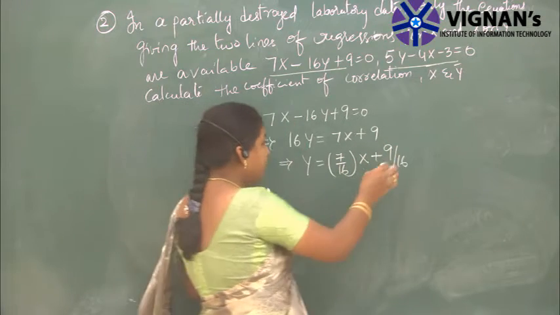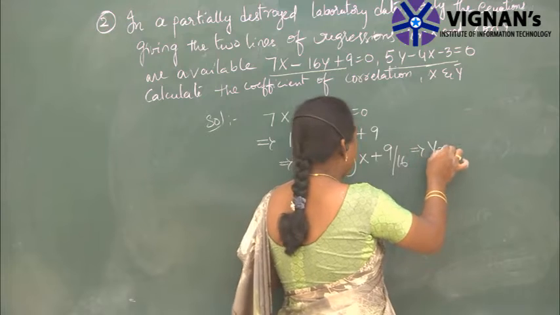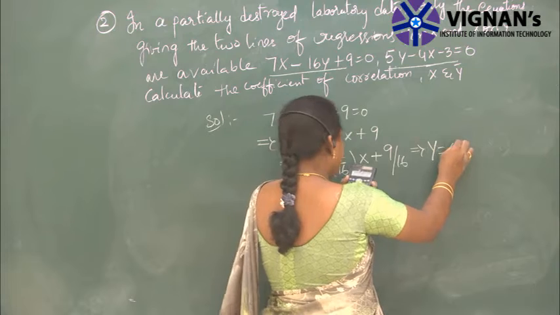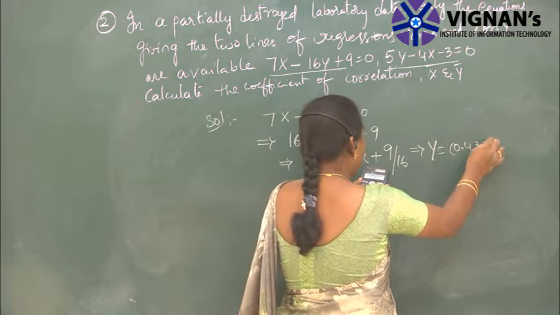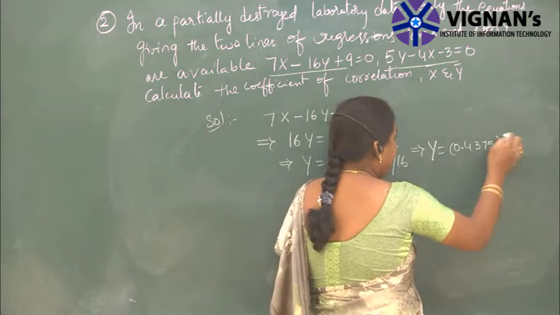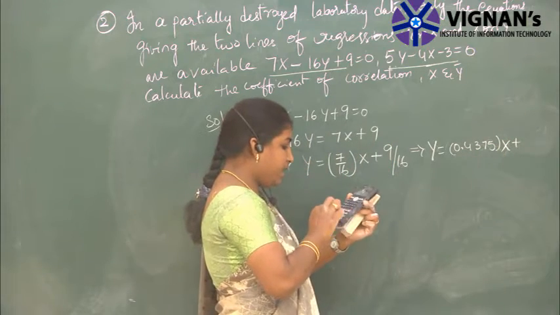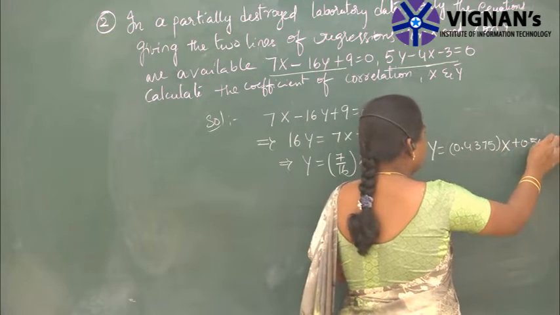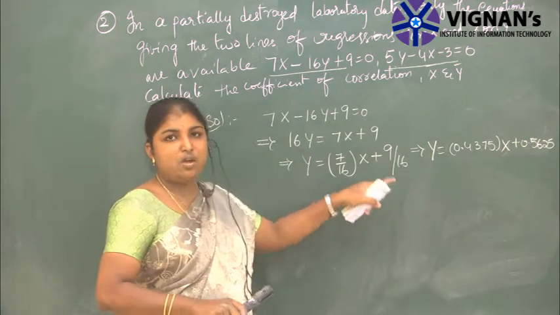Here 7 divided by 16 is 0.4375 and 9 divided by 16 is 0.5625. So this is the y on x line.